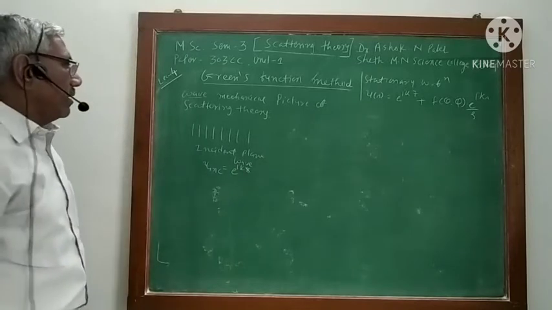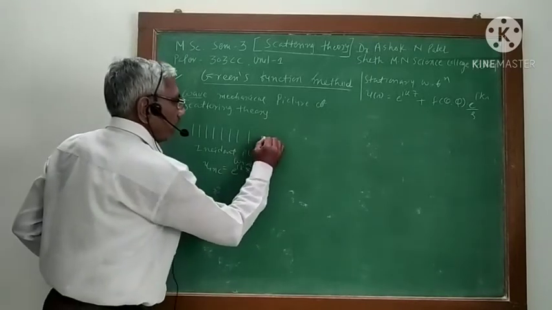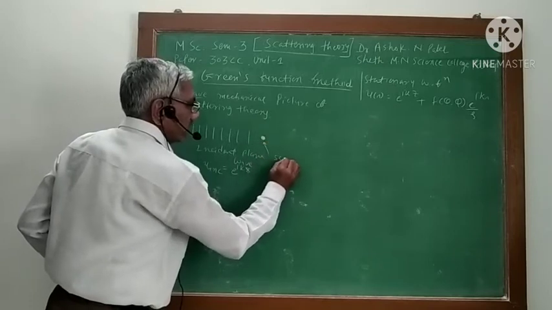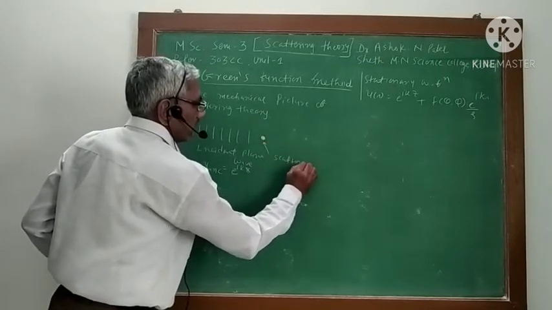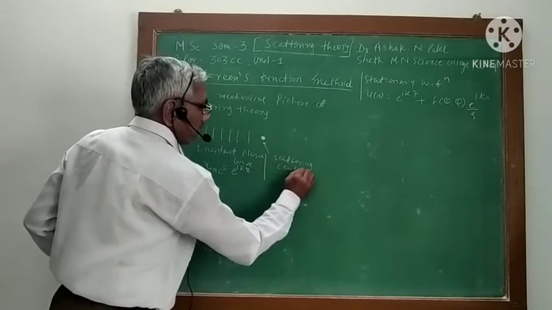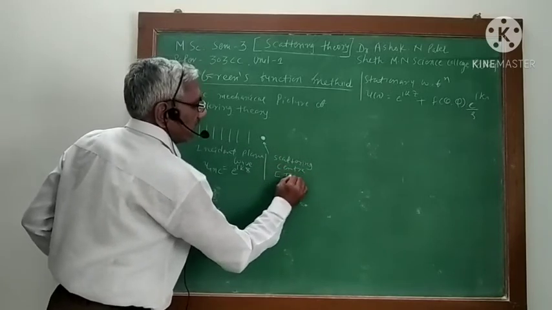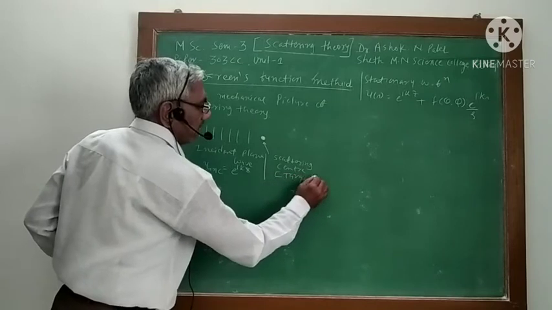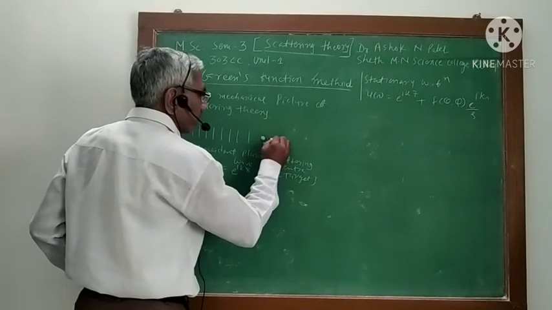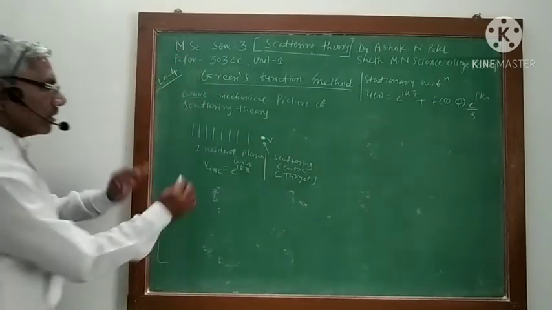Now at the scattering point, this is your scattering center, or you can say it is a target, and it has some potential V over a certain range.